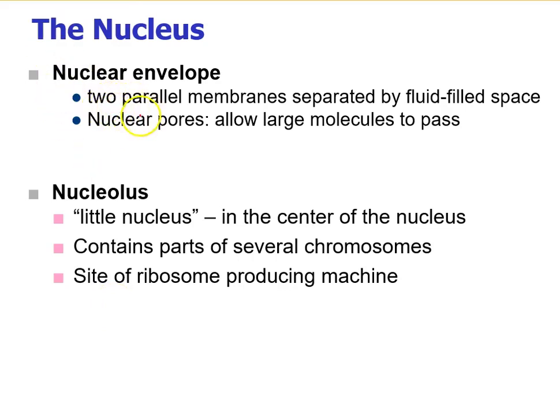The nuclear envelope is the protective barrier surrounding the nucleus, made up of two parallel membranes separated by a fluid-filled space, and helps to keep the cell's genetic material, DNA, safe and organized. At the nuclear envelope, there are some little openings called nuclear pores, which allow certain molecules to pass in and out of the nucleus.